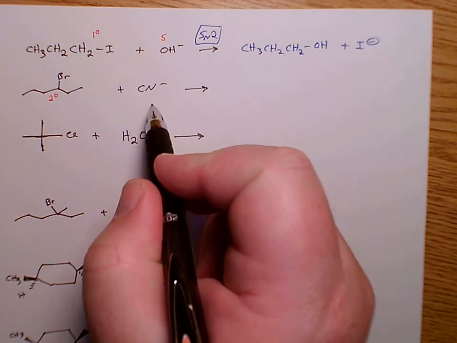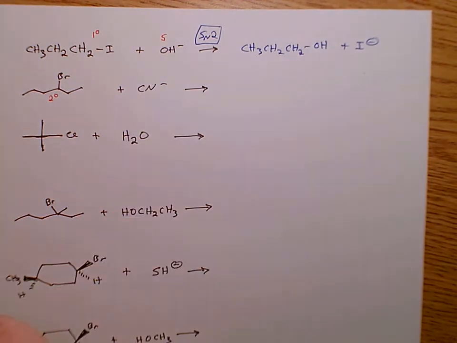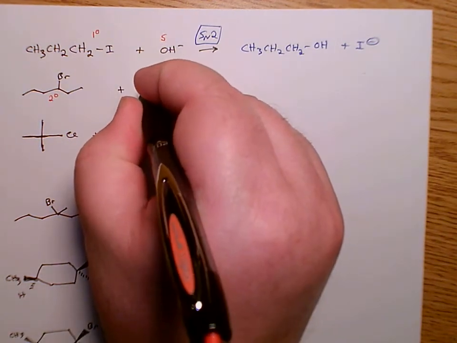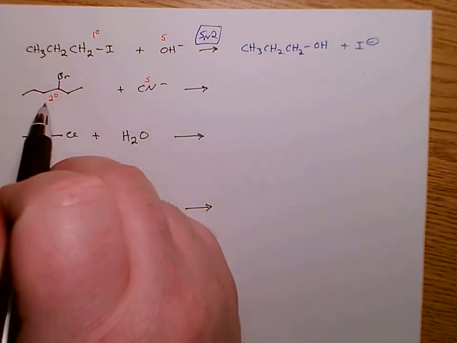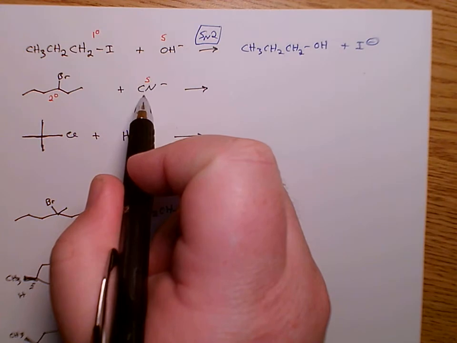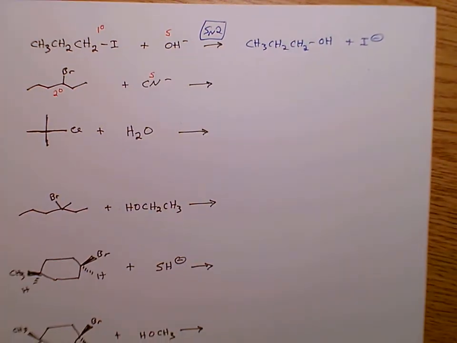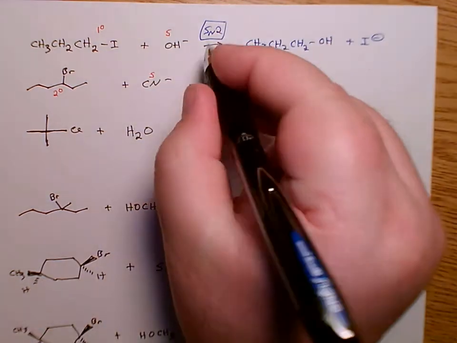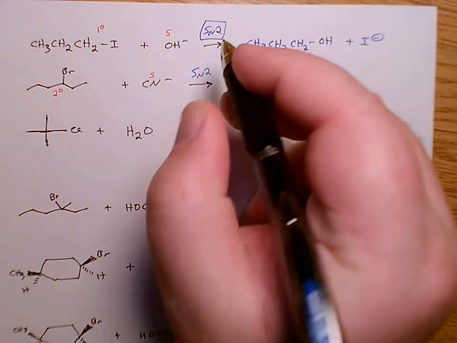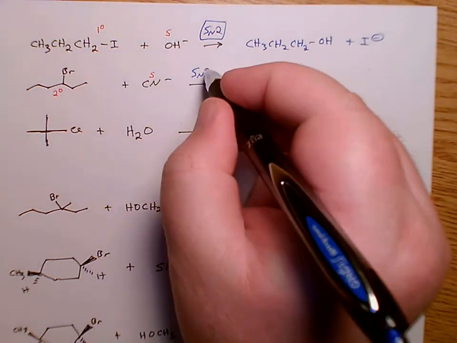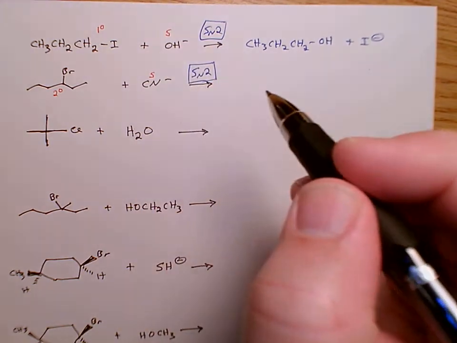Cyanide, is this a weak or a strong nucleophile? Recall, cyanide is a strong nucleophile. Secondary substrate, cyanide strong nucleophile. This is going to go via SN2, because secondary could go either way, and strong nucleophile means SN2.